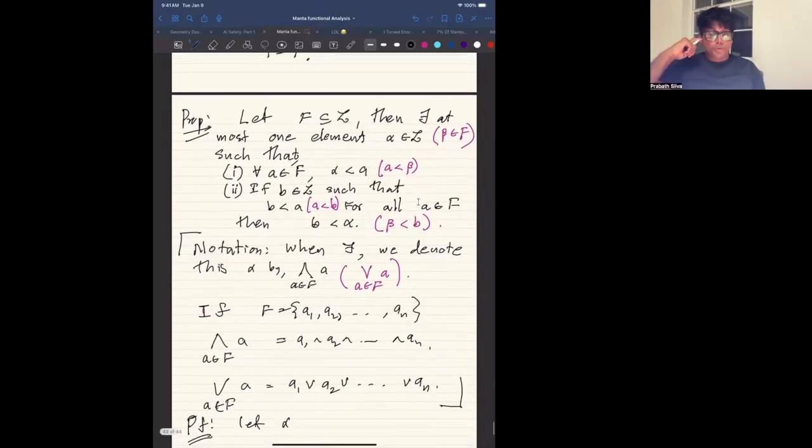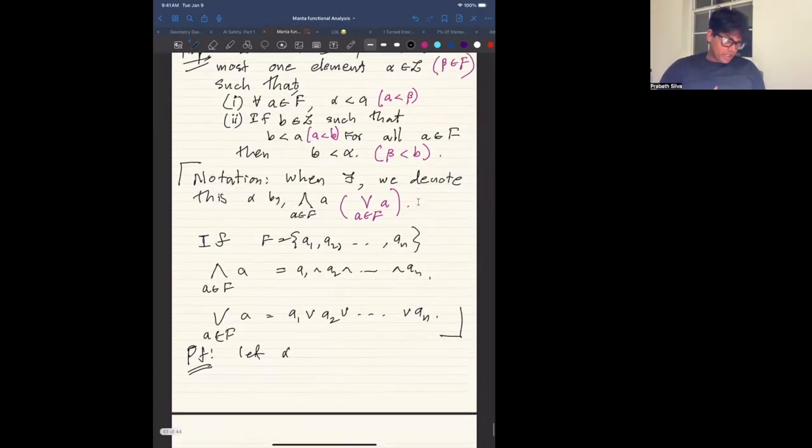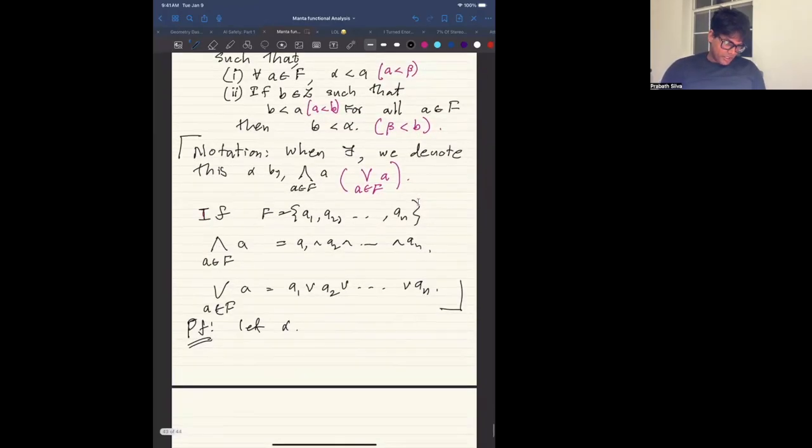You can have a supremum that's not in the set. So let alpha and alpha prime in L satisfy these conditions 1 and 2.